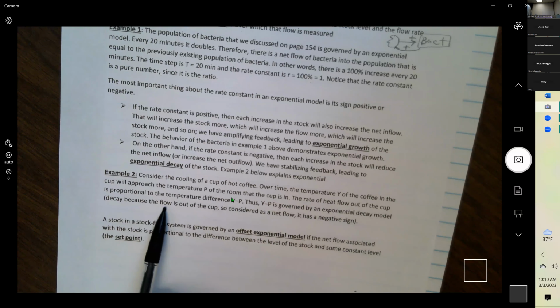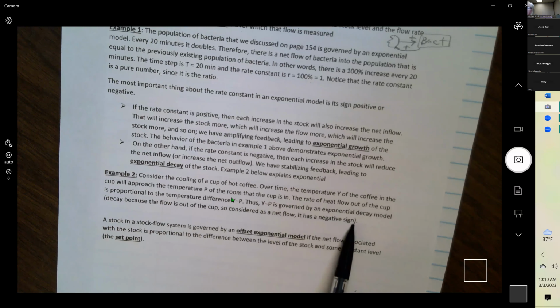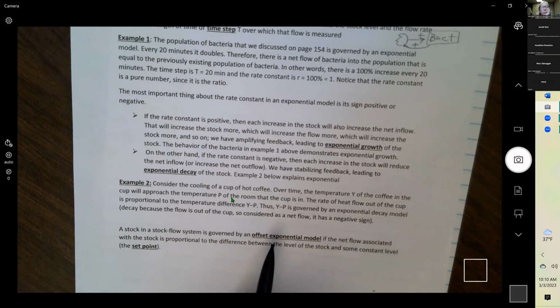Decay because the net flow out of the cup has a negative sign. It's decreasing. I like the other example better, but your book had this one. But what's happening is it's escaping from the cup. So the cup's temperature is going down, which is negative, and therefore it's a negative flow.